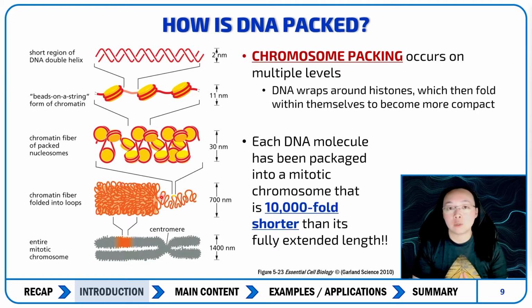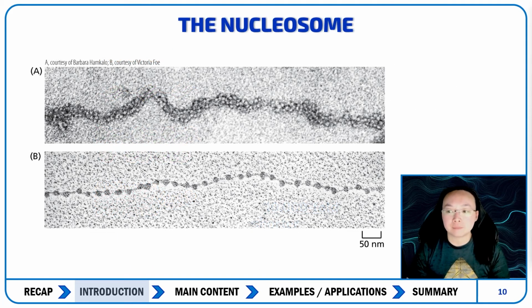If you take a look at the entire strip of DNA condensed through these histones, you end up with an entire chromosome bound in the center by a centromere. Each DNA molecule is able to be packed into a mitotic chromosome that is 10,000 times shorter than its original length. So that's pretty cool. This is something we'll focus on in 2 chapters, I believe, where we talk about how this structure is possible physically and entropically.